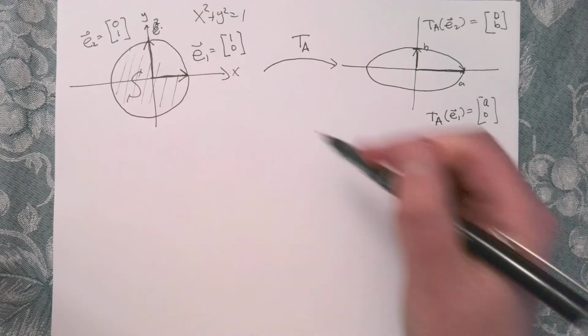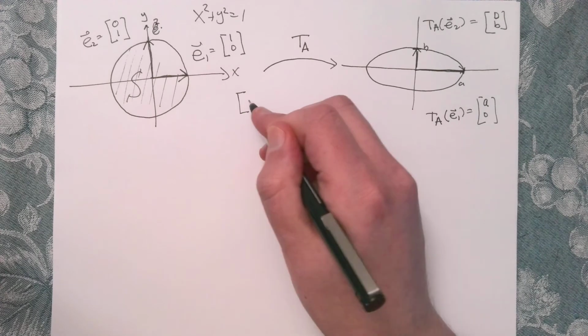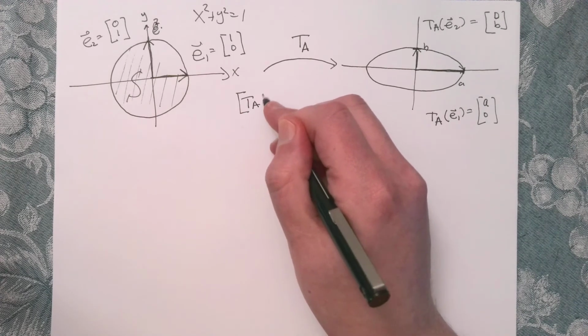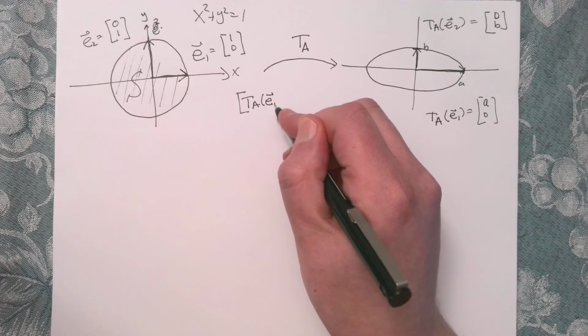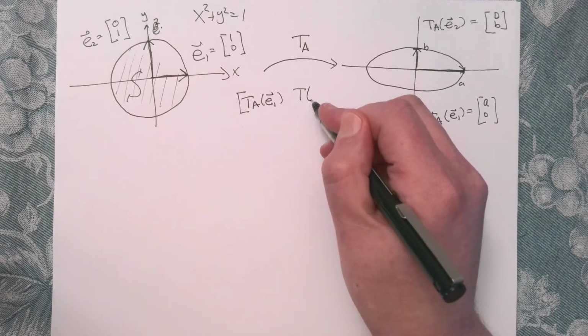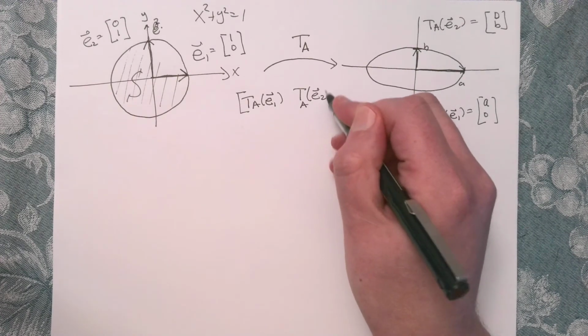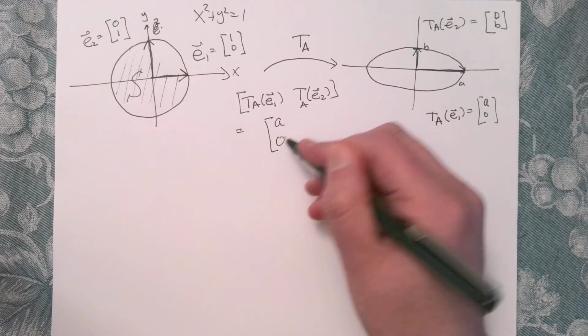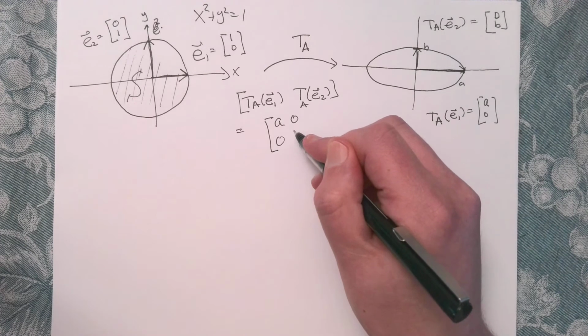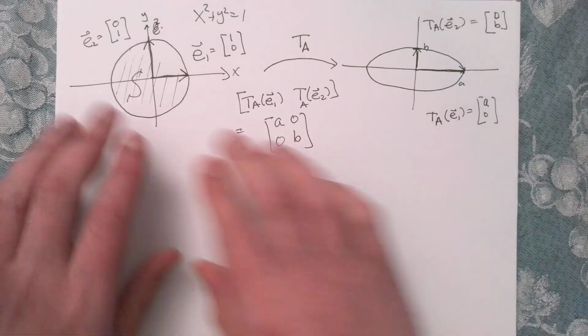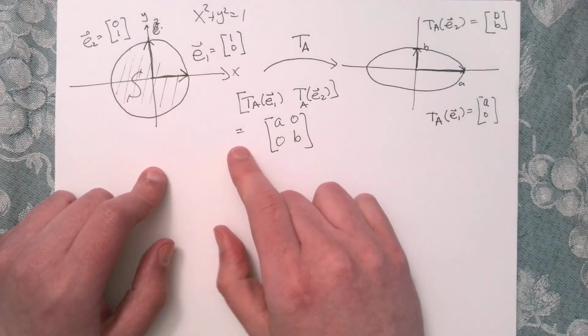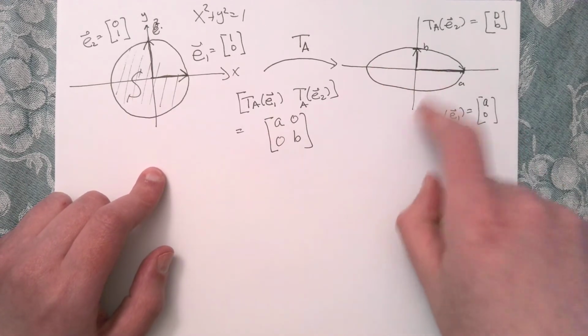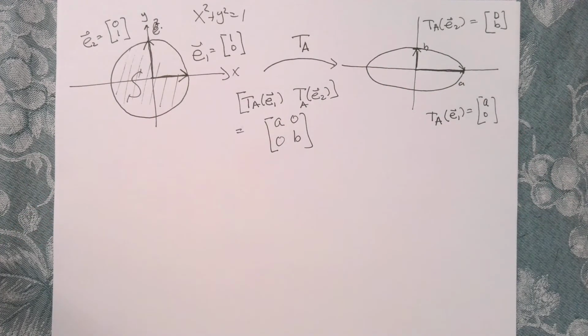And so the matrix for our transformation will have this as its first column, and this as its second column. But that's exactly this matrix. So here's a matrix that represents our linear transformation. And so that starts with a unit circle, and we land at the ellipse for which we want to find the area. So now we have to recall something else from linear algebra.